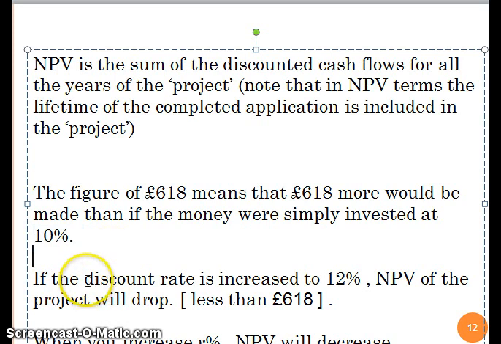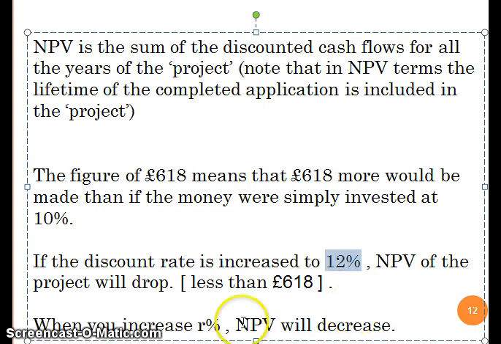If I increase the discount rate to 12 percent, definitely the present value will decrease, so the net present value will drop. You will not get 618; you will get a value lesser than 618 when I increase the discount rate. So what you have to know is, when you increase the discount rate, NPV will decrease.